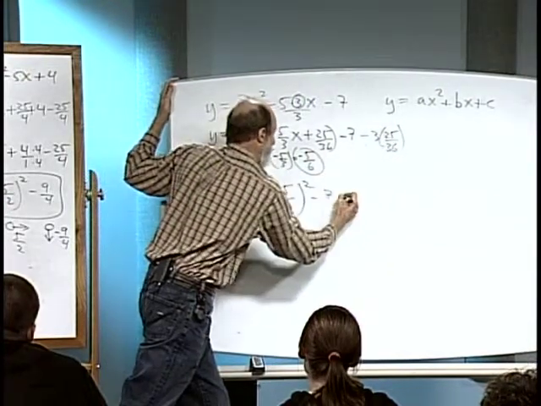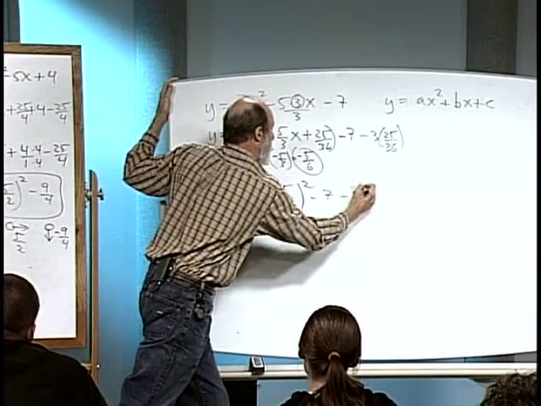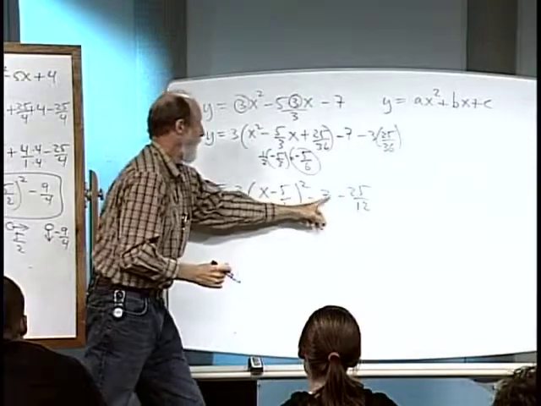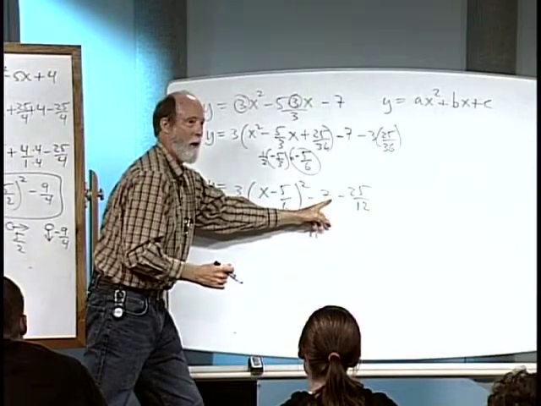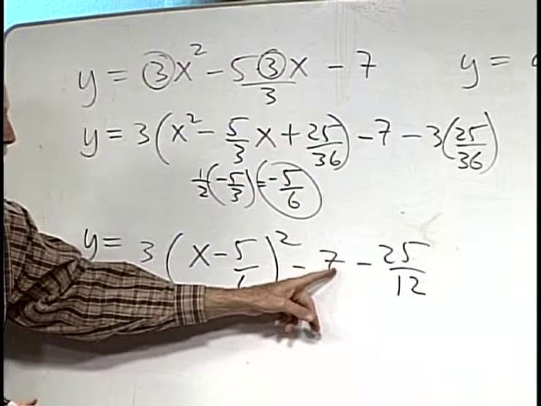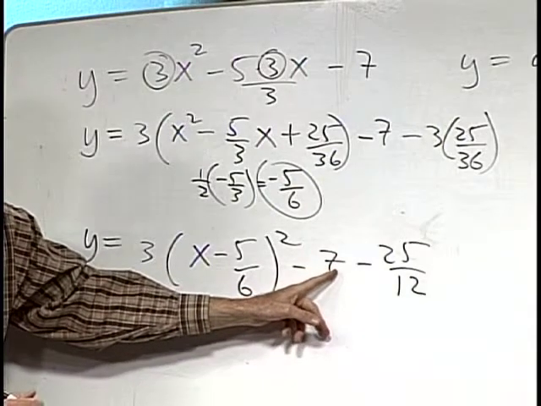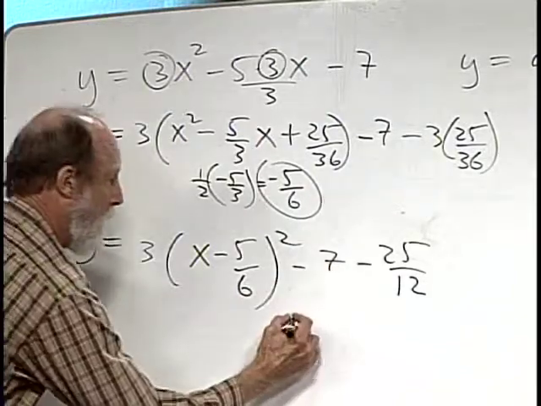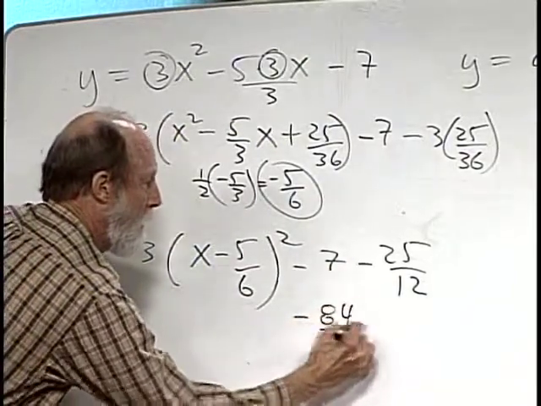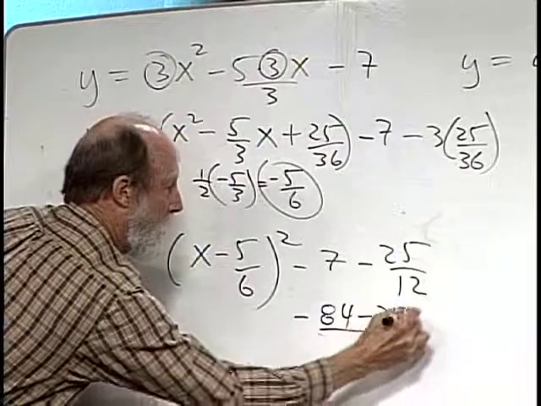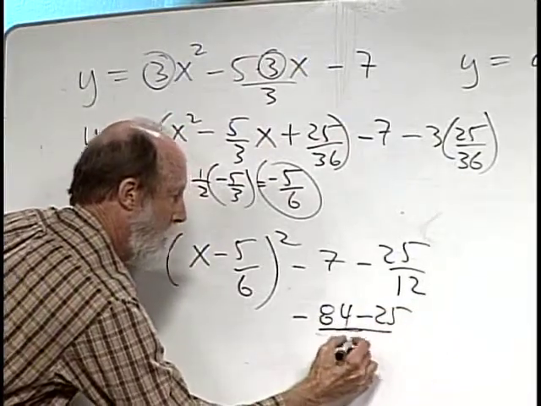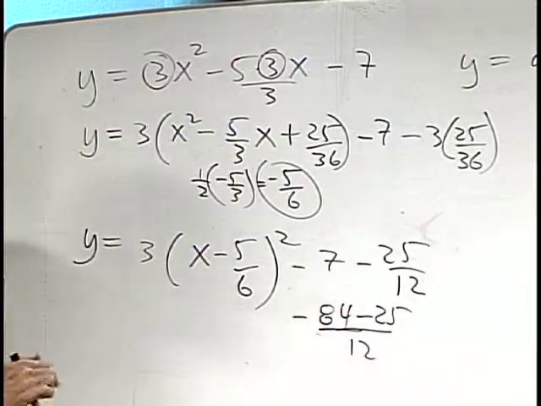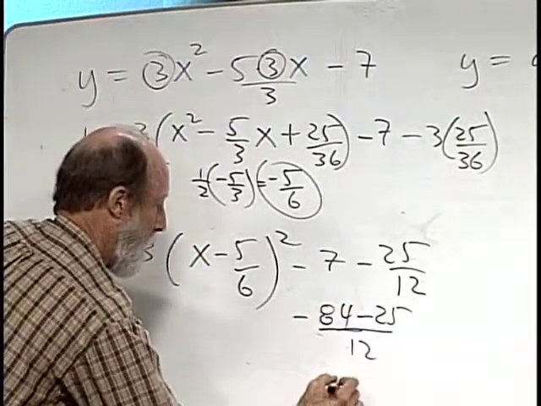So we have minus 7 minus 25 over 12. And then we need to tidy that up with a common denominator of 12, don't we? And what's 12 times 7? 84? So negative 84 minus 25 more 12ths, right? And so that's minus 109 12ths.